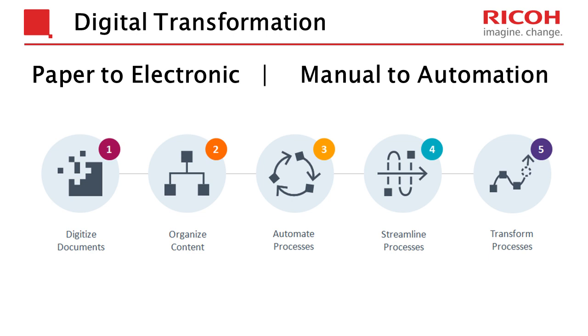So here is a 5-step phase, essentially illustrating what digital transformation is. In the first two phases, you'll notice it really talks about paper to electronic. So we digitize our documents, and then we have to organize them. Organizing here basically means we need to classify them and group them properly. Right?